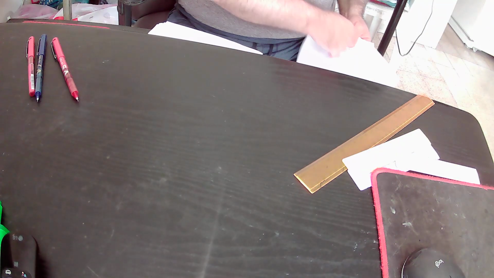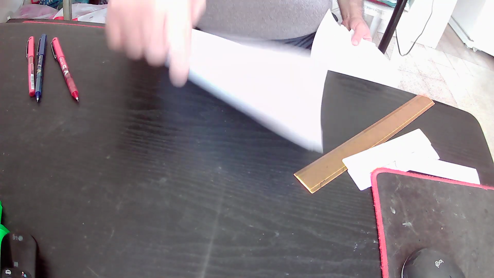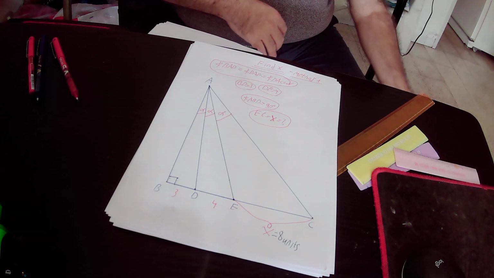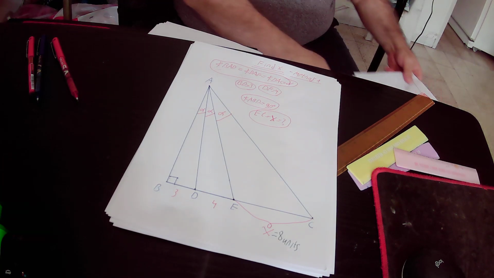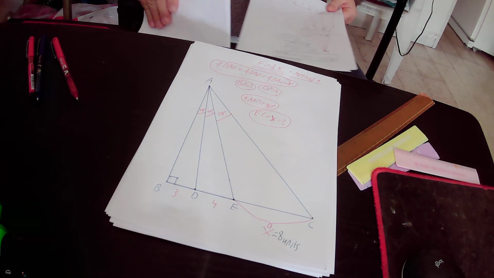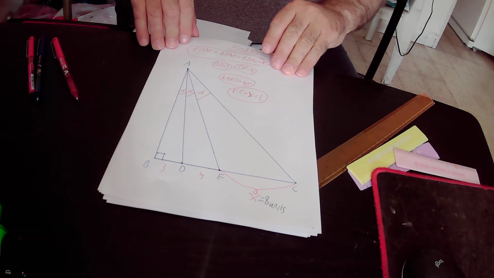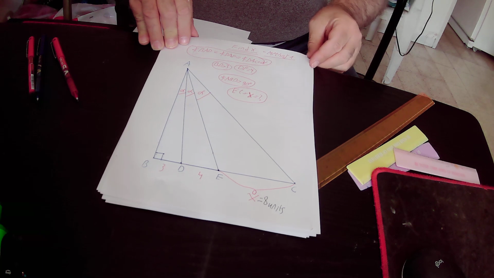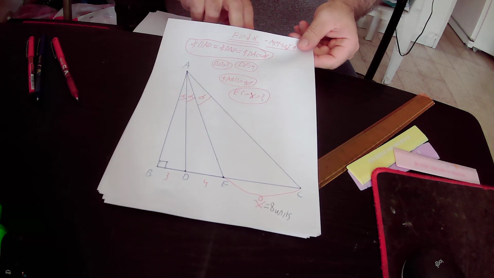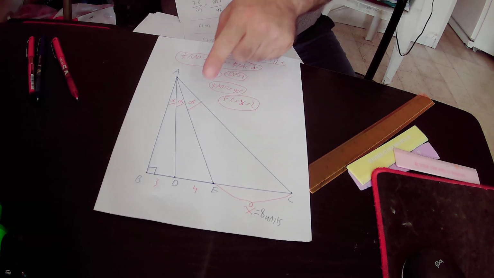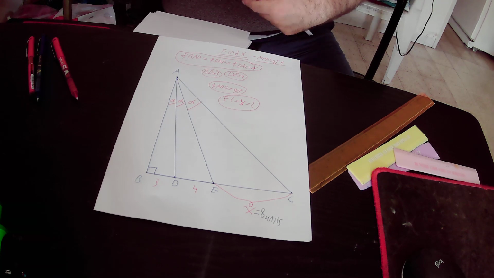So we actually wanted to find out the value of x. And we know that triangle ABC is a right triangle. Angle ABC equals 90 degrees.